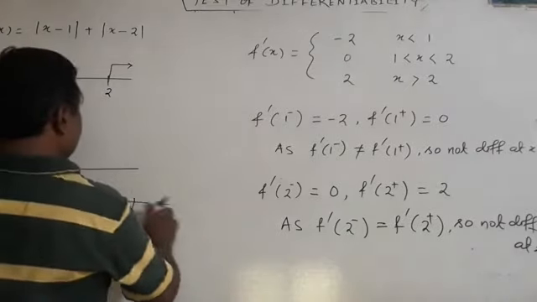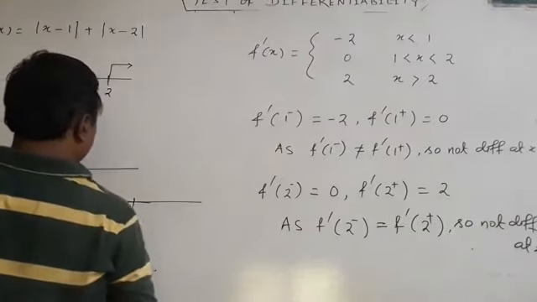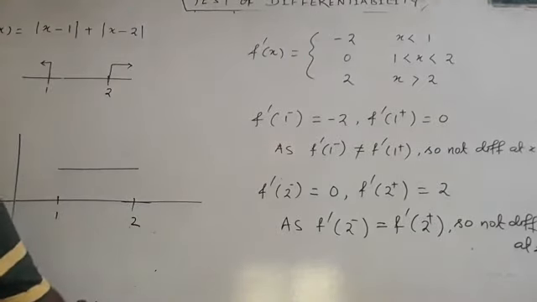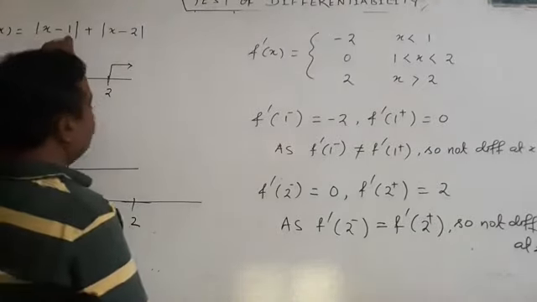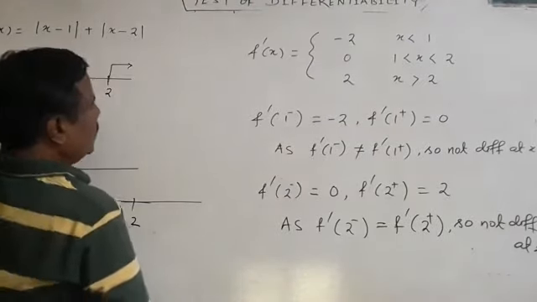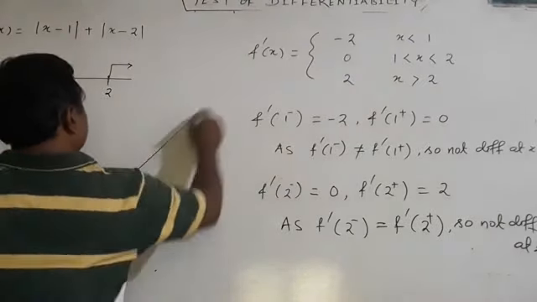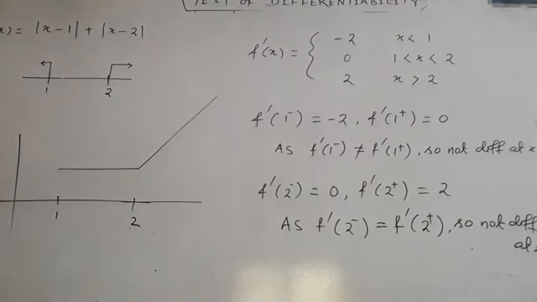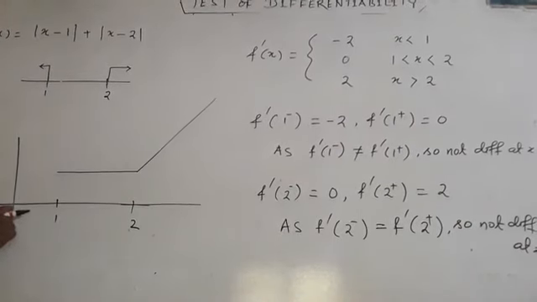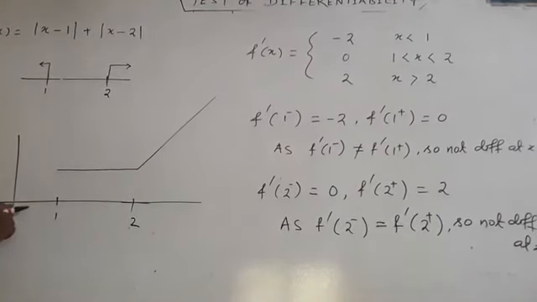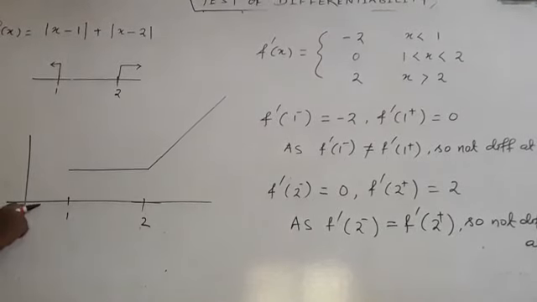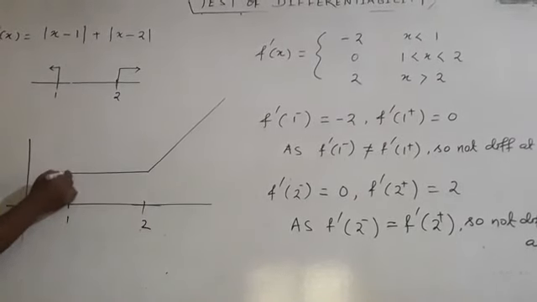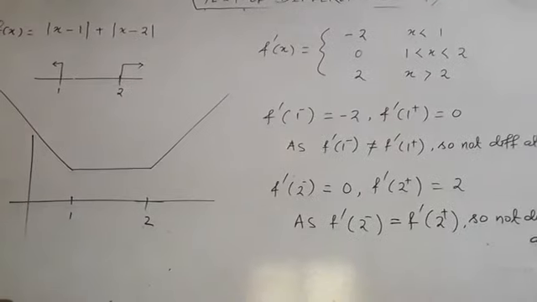When x is more than 2, suppose I put 4: 4 minus 1 is 3, 4 minus 2 is 2, so it becomes 5, going in this direction. When we put x equal to 0, it becomes 1 plus 2, the result is 3, so it goes in this direction.